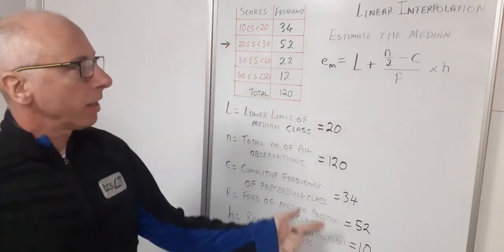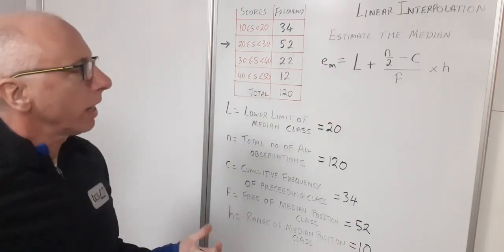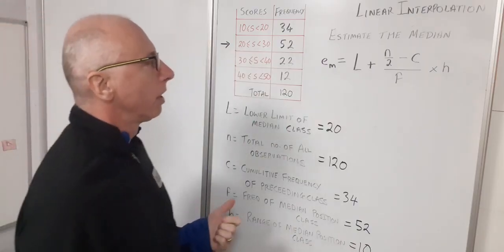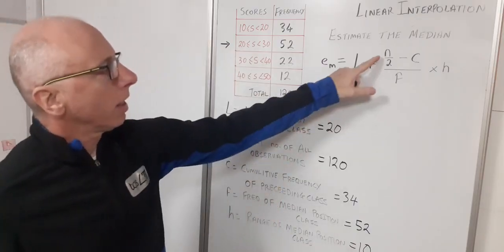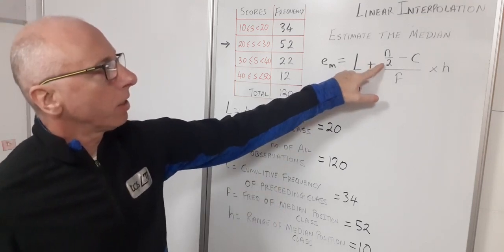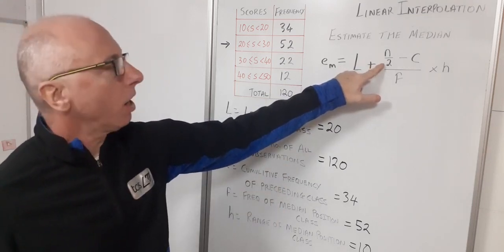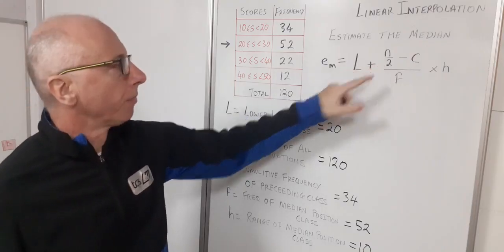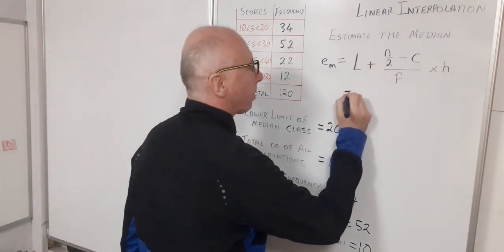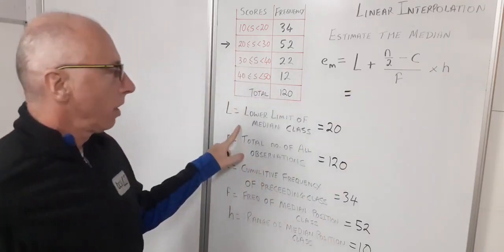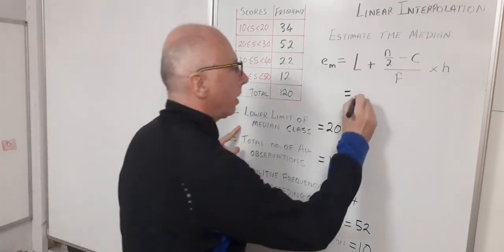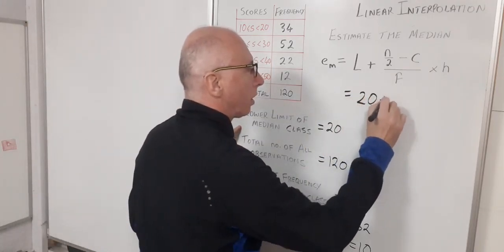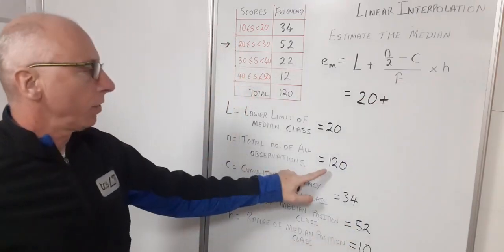So now we've got our values, it's just simply a case of plugging it all in to our formula. Now just one thing to note is here, number of observations divided by 2 is called the halfway position. So basically that's n times a half because it's the median. So let's plug that all in. So L, lower limit of median class, that's 20. I'm going to add that to n over 2.